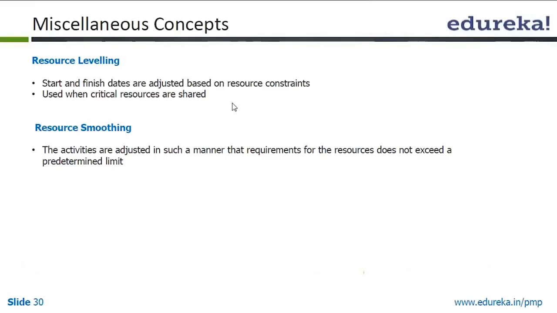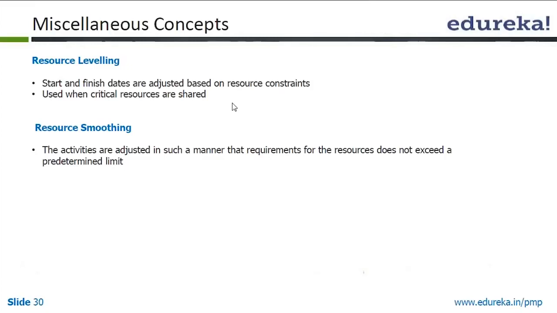Now if that person is shared between multiple projects and as per your current plan that resource is required between 15th of September to 30th of September, and the resource is not available during that time in full, what you do is you change the start and end date with the availability of the resource, keeping in mind that it does not affect the overall project completion date.